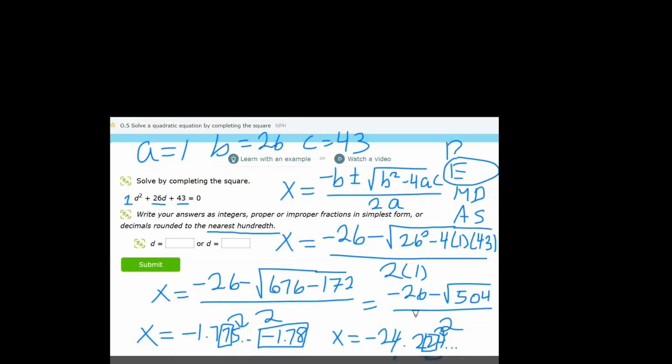Because it's 4 and lower, we're going to keep it, not round up, keep our 2. So we will have negative 24.22 as our other solution.